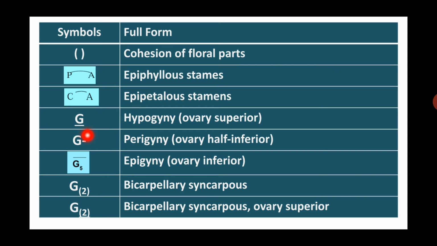G underline, hypogyny, that is ovary superior. G and bar in front of G, that is perigyny, that means ovary half inferior. Then G and on the top line, that is epigyny, ovary inferior. G in bracket 2, bicarpellary syncarpous condition, and G in bracket 2 and underline, that is bicarpellary syncarpous, ovary superior.